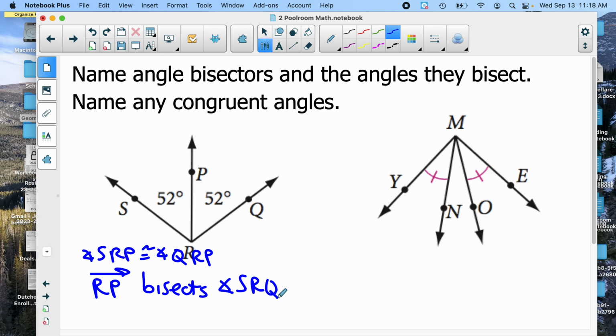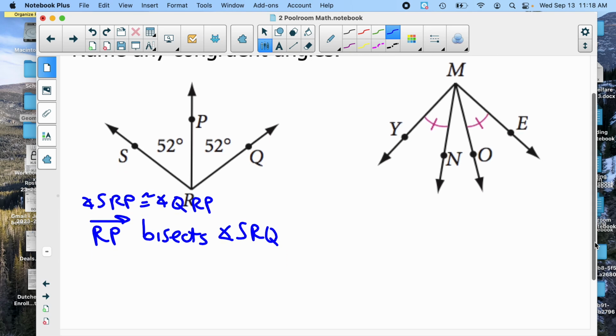Oh, and this one here on the right is a lot of fun. How many congruent angles do you see? I actually see 4. I see the ones that are marked. Angle YMN is congruent to angle EMO. Those two angles are congruent. Watch this. Do you see this angle here in the middle, angle NMO?